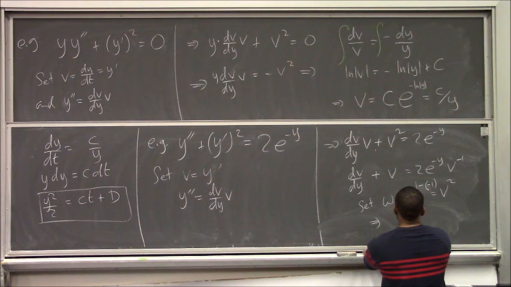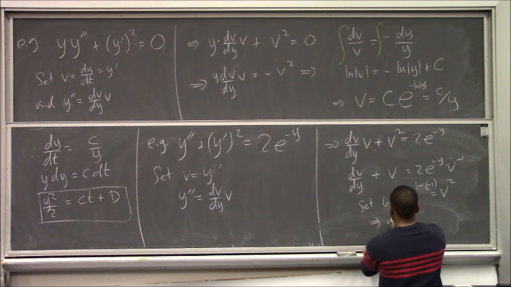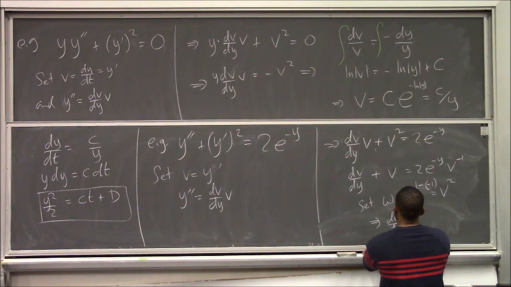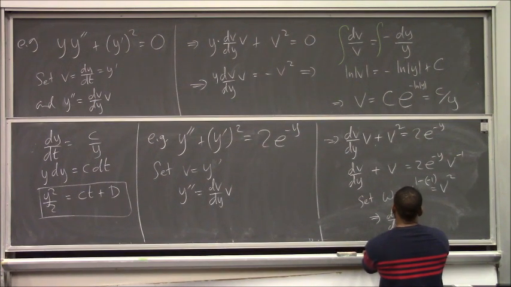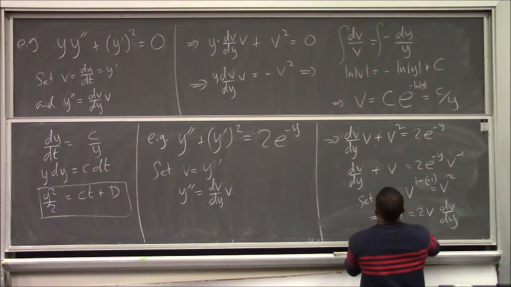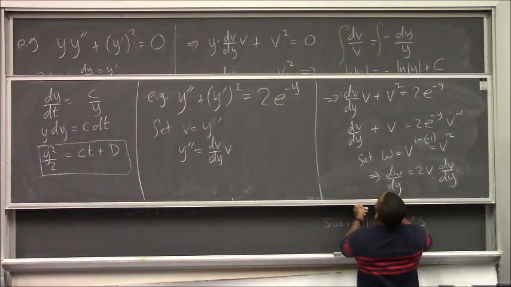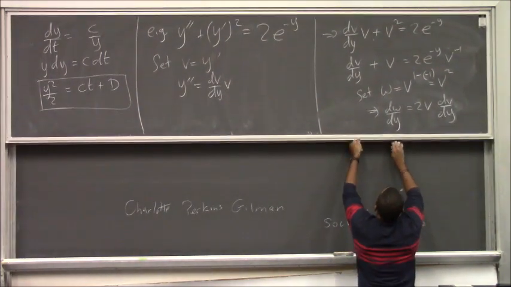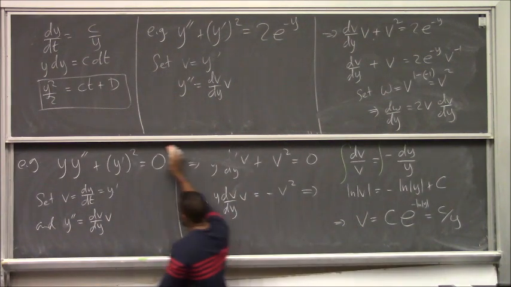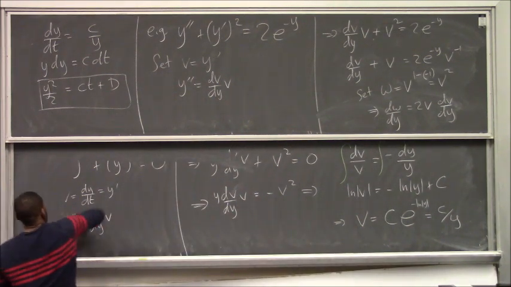We could rewrite v as... and what would this guy look like? w is v squared, so dw dy is 2v times dv dy, and we know dv dy is y prime divided by... So if I plug this in, wait, don't do the y prime.